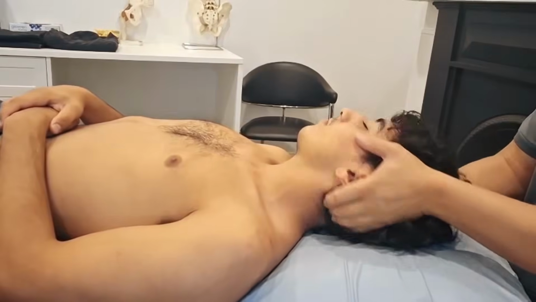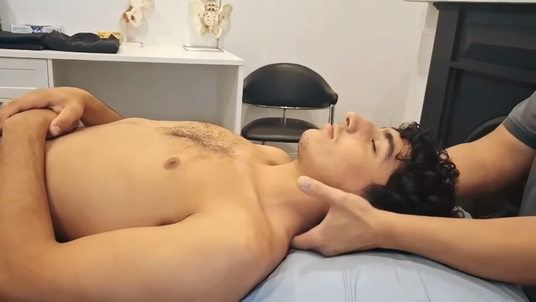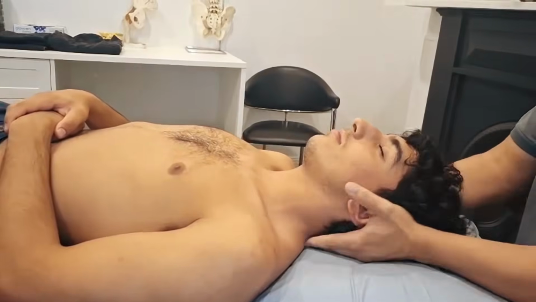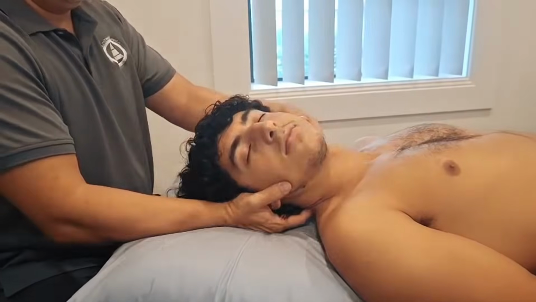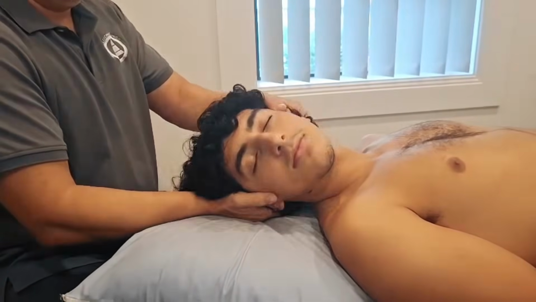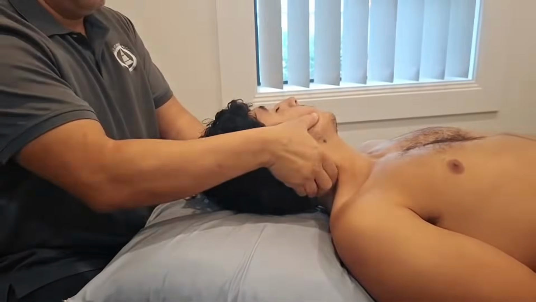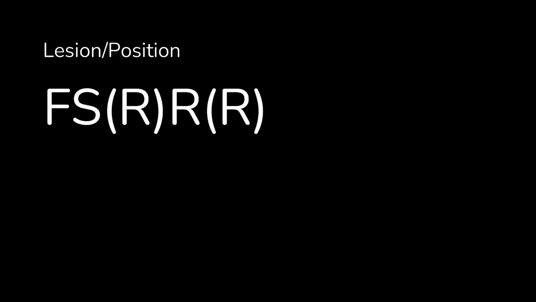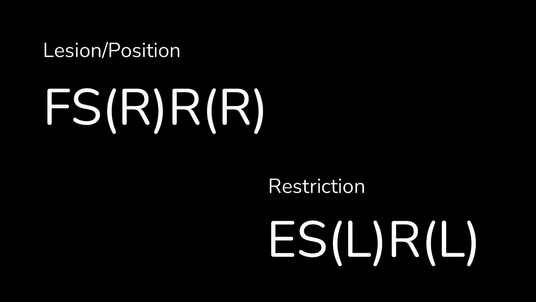Once you have a position of the segment and the barriers you need to engage, it's time to set up your adjustment. Remember, safety and accuracy are your primary concerns. In this case, let's assume the position or lesion of the C5-6 segment is flexed, side bent right, rotated right. So the barriers I need to engage at that segment are extension, side bending to the left, and rotation to the left.